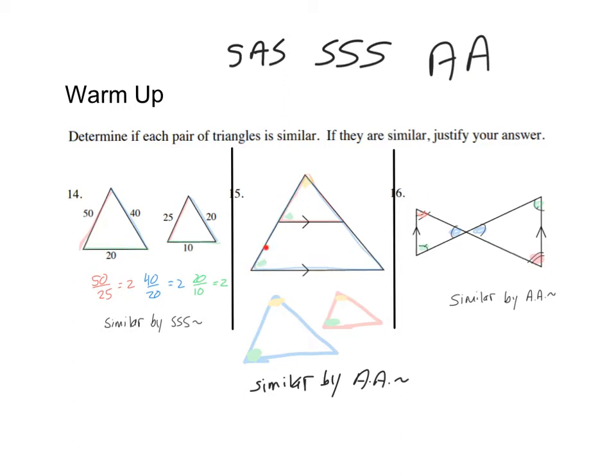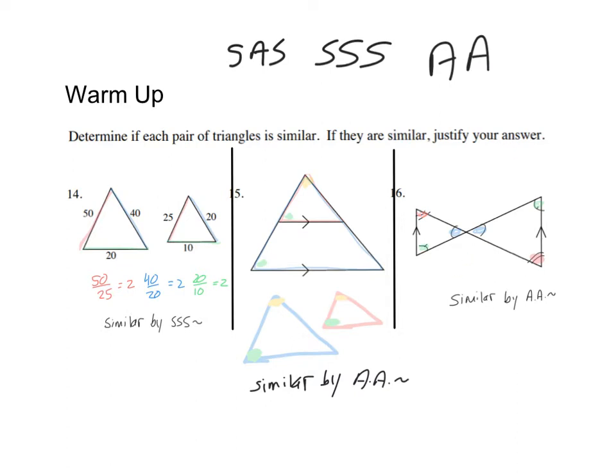This angle and this angle are going to be the same measure because they are corresponding angles. They're in the same relative position at the intersection points. So this angle and this angle up here are both equal by corresponding angles of parallel lines cut by a transversal. There's also this angle and this one up here. Those are also equal. I only need 2 pairs of angles to justify similarity.